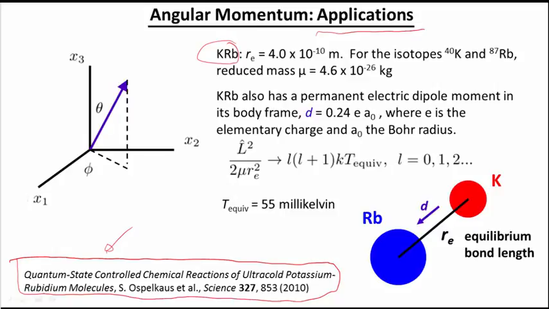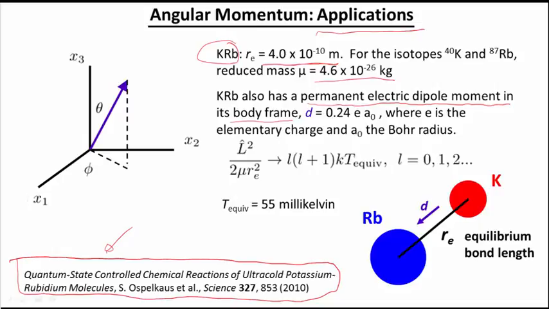So the properties of potassium rubidium are well known. The reduced mass of this molecule is given by this number. The equilibrium radius is not that well known at the moment, but we'll take this dominant value of 0.4 nanometers. And one important aspect of this molecule is that it has a permanent electric dipole moment in its body frame.